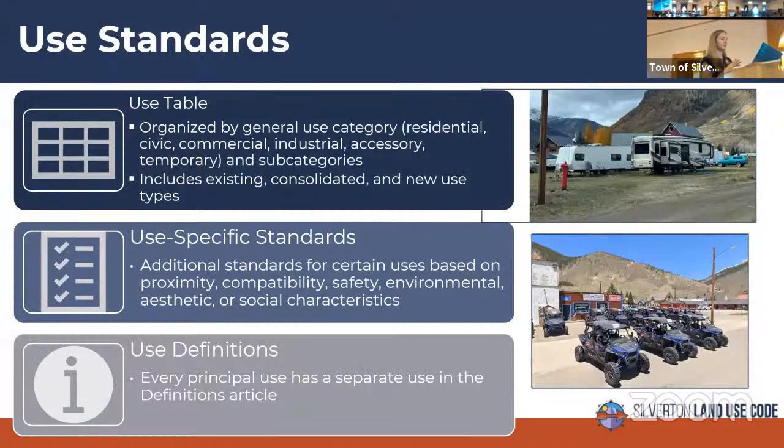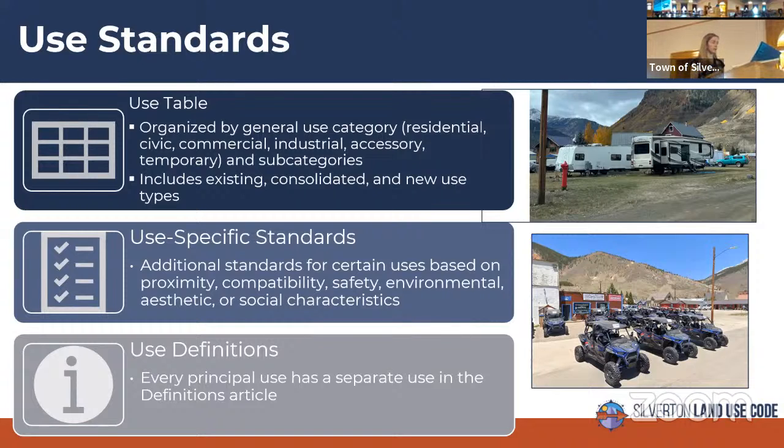The use standards consist of 3 major components: the use table, use specific standards, and use definitions. The use table is organized by general use categories such as residential, civic, commercial, industrial, accessory, and temporary, as well as some subcategories in there.